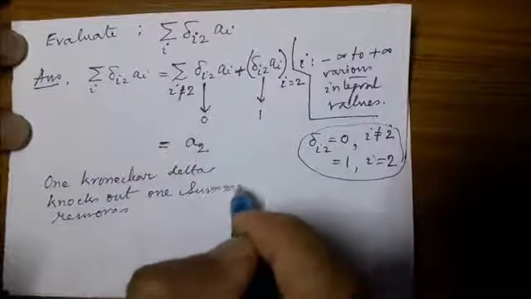Let us do another problem. Evaluate summation over i, summation over j, Kronecker delta ij, a_ij.